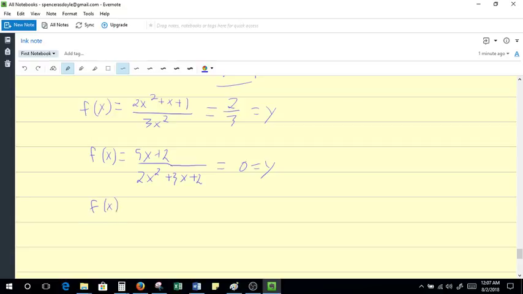For our third scenario, we're going to have 2x to the fifth plus 3x plus 2 over 5x plus 2. In this case, the highest power is in the numerator. If the highest power is in the numerator, there is no asymptote. No horizontal asymptote, that is.